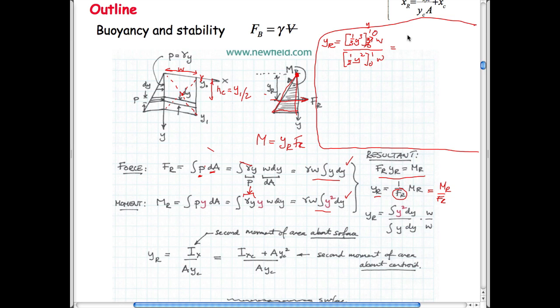And I could write it as, there's a reason for me writing it this way, a third y squared times y times w, right? It's no different from this. I'm just taking the y cubed and writing it as y squared times y. And I'm going to take the bottom and write that as a half y times w.